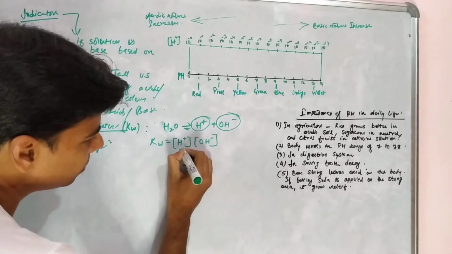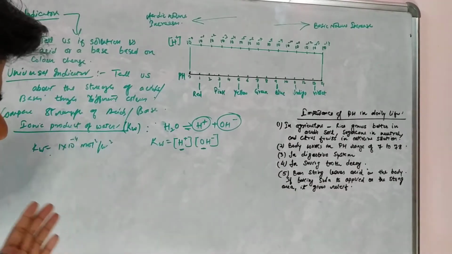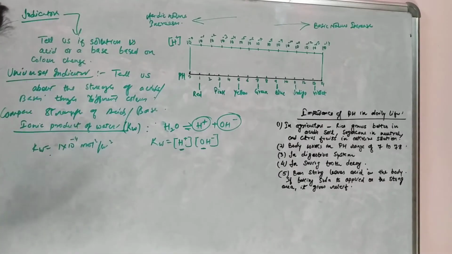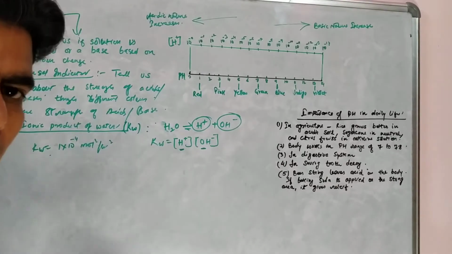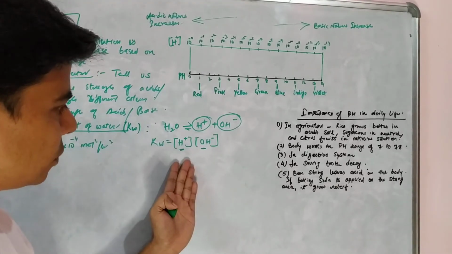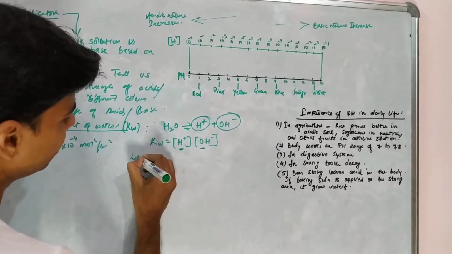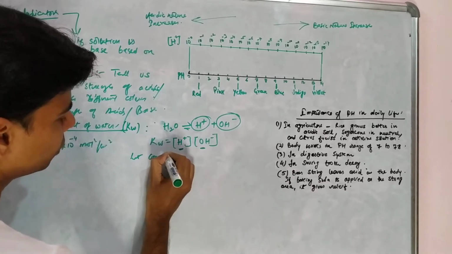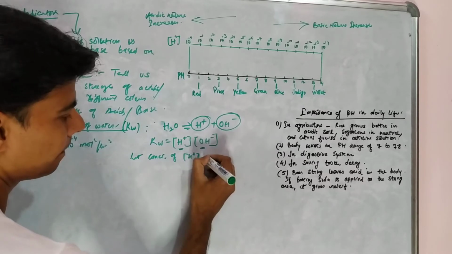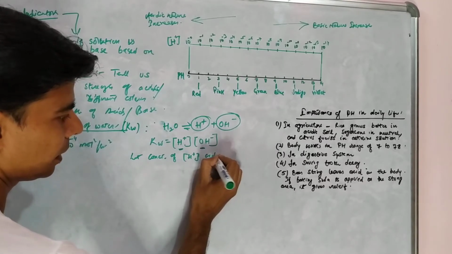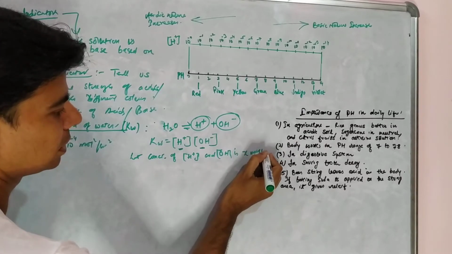Hydrogen ions and hydroxyl ions neutralize each other. Since water is neutral, the hydrogen ion concentration is equal to the hydroxyl ion concentration. Let the concentration of hydrogen ion and hydroxyl ion be X moles per liter.